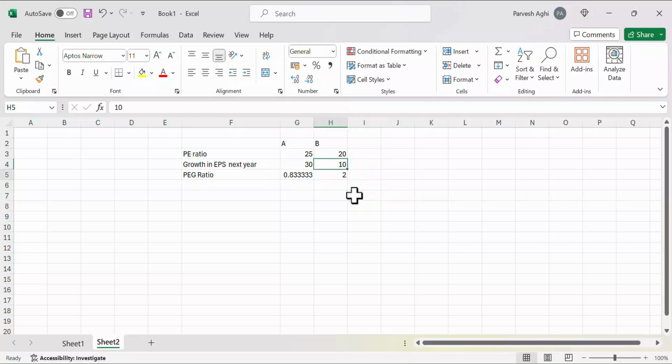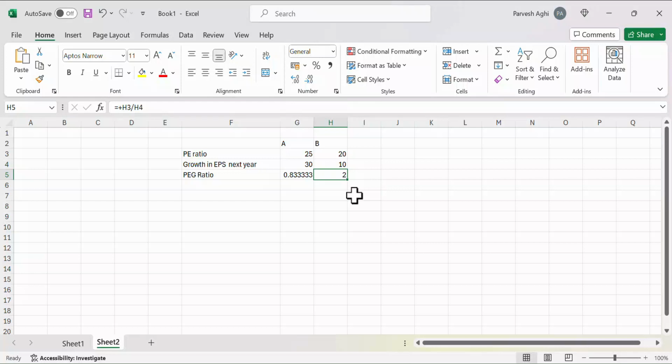Okay, now if the growth is 10 and P ratio 20, that means company is trading at a premium to its growth. मतलब जितनी ग्रोथ होनी है उससे भी ज्यादा शेयर पे ट्रेड कर रही है. So PEG ratio either the company would be trading at a discount to its growth or premium to its growth. Which is better, discount or premium?